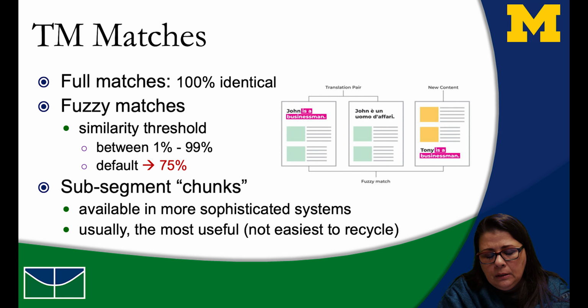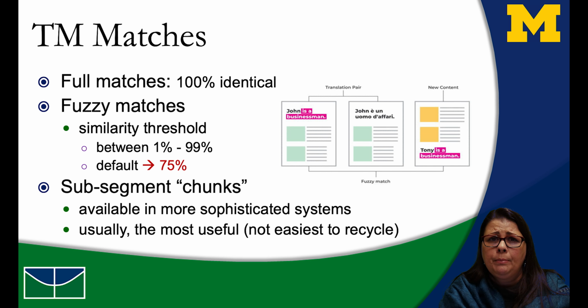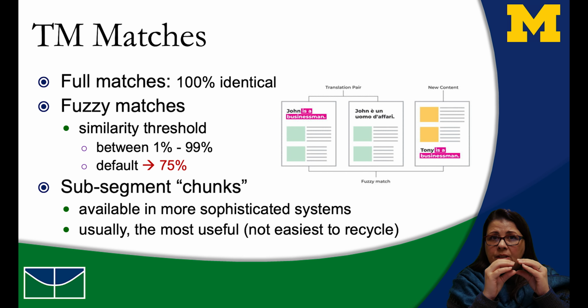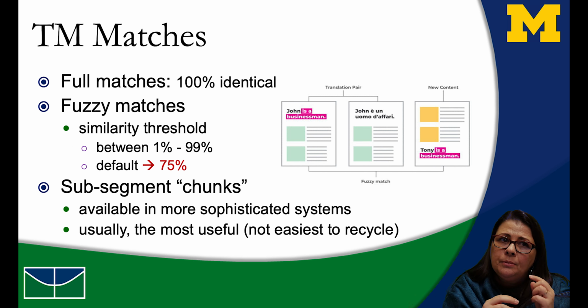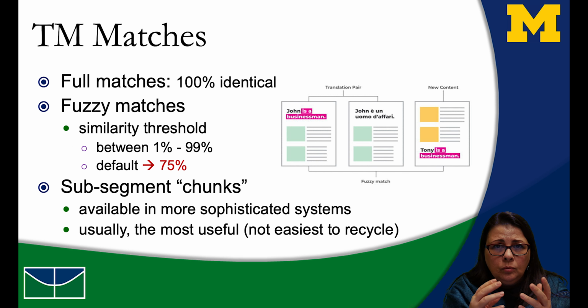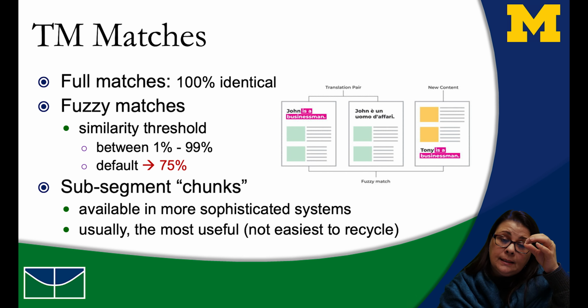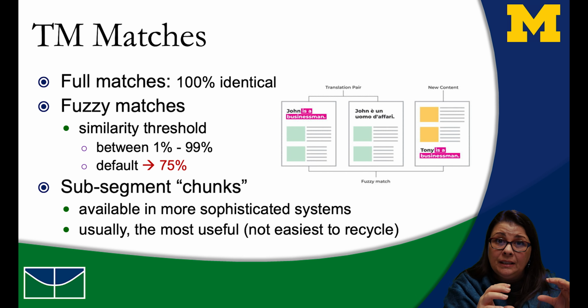Some CAT tools nowadays and translation memory systems are now working with what we call a sub-segment chunk, which means stretches or pieces of language that are smaller than a sentence. And sometimes they are phraseologies or terminology that's longer than 1 or 2 or 3 words that repeat in text, and the computer can identify those.